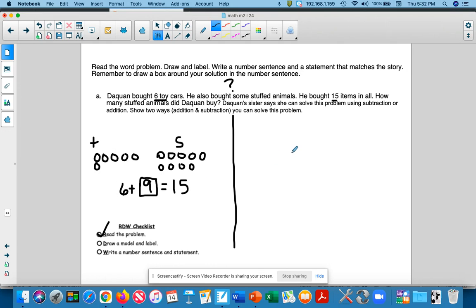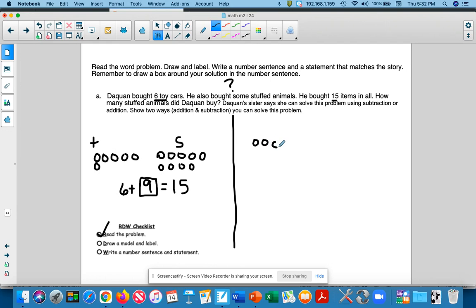Now we're going to try the subtraction. So remember, we want to start with the whole when we're subtracting. So we can use the take from 10 strategy to solve this subtraction problem. So I'm going to draw my 5 group drawings, and I'm going to draw out 15.